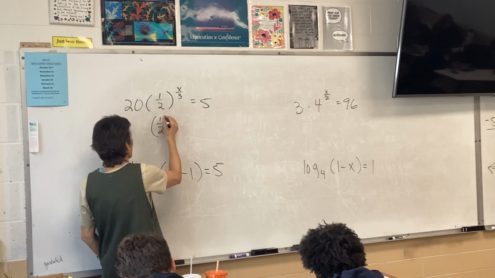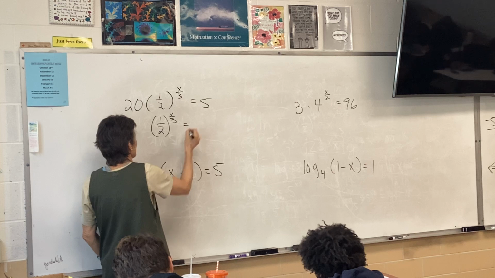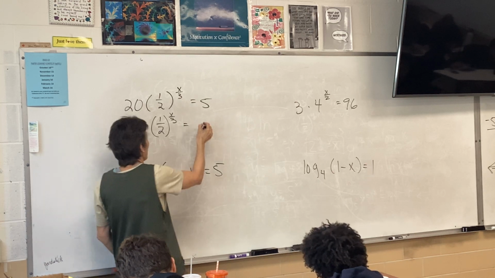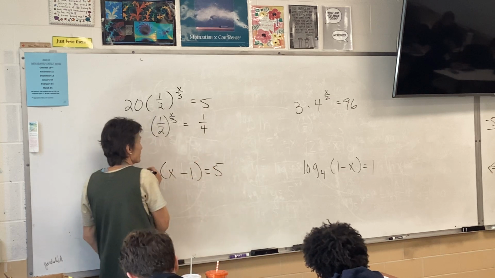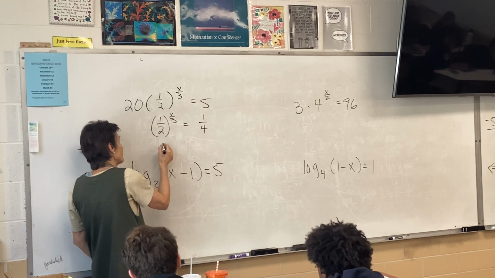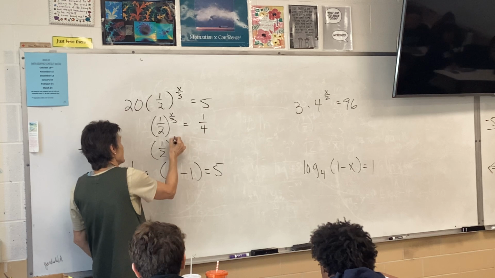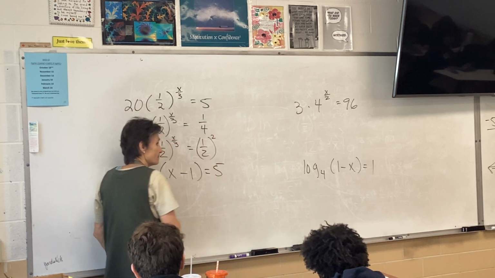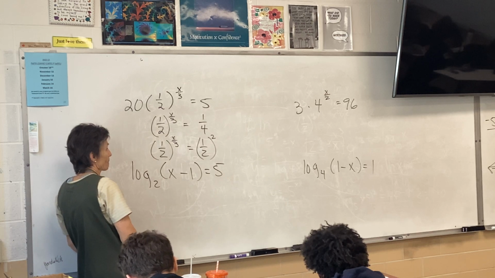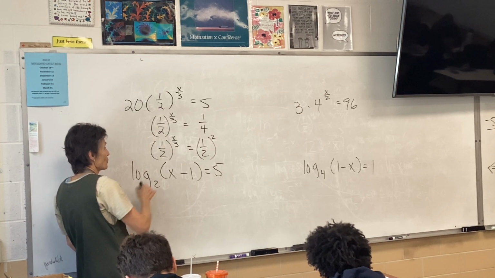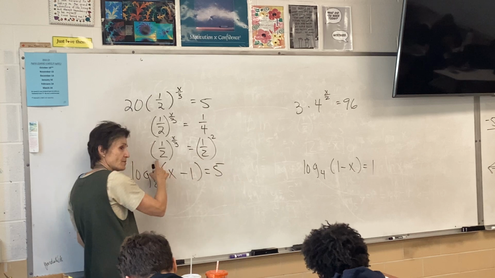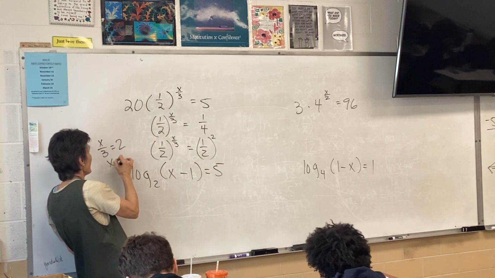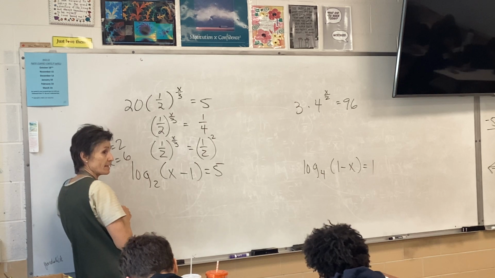So 1/2 to the x over 3 is gonna equal what? 1/4. Oh, that's nice. Because what do we know about a fourth? It's 1/2 squared. So since these are now both halves, we can say x over 3 equals 2 and x equals 6.